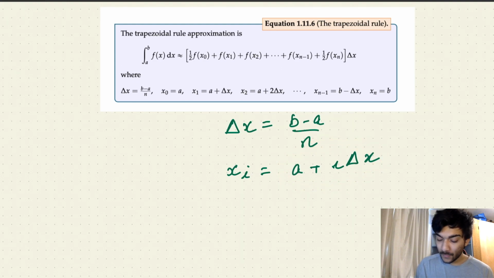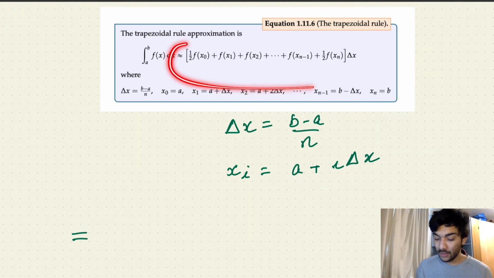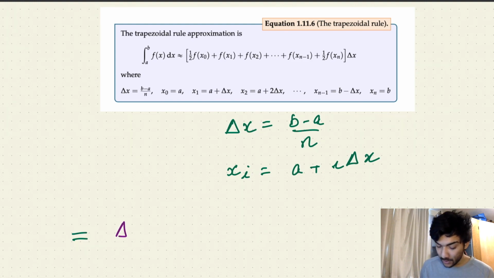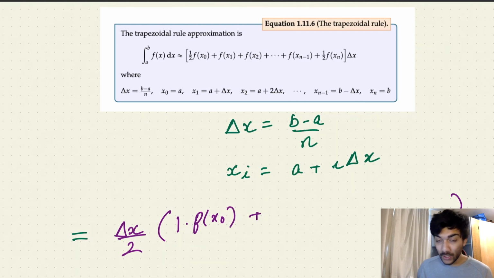For the formula, you can either remember it, or the easier approach is this: if you want to calculate the trapezoidal rule approximation, you first calculate delta x by 2, and then for the expression in the bracket, you start with coefficient 1. So it would be 1 times f of x0, and then whatever terms you have afterwards will have coefficient 2.